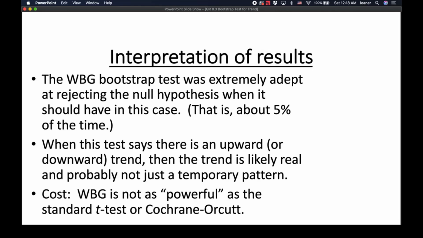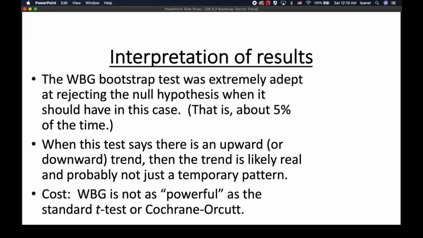So here's an interpretation of the results. The WBG Bootstrap test was extremely adept at rejecting the null when it should have. In this case, that is the case of this AR(1) model for phi1 of 0.8, 0.9, 0.95, and 0.99. And how often was that? About 5% of the time, because we set the nominal level to be 5%. So what does this mean?